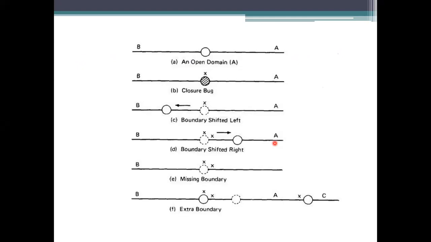If you see this diagrammatic representation, these are all the possible bugs considered for a one-dimensional open domain boundary. Coming to the first one, A, which is an open domain. Here we need to assume that the boundary we are representing is open for A, meaning the bug we are looking for is at the closure of A.